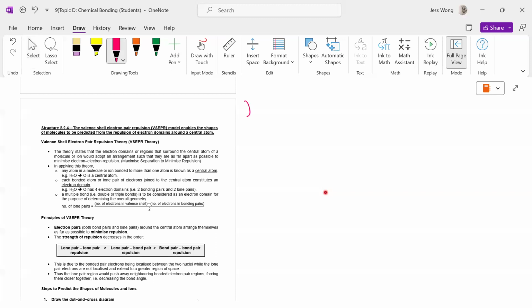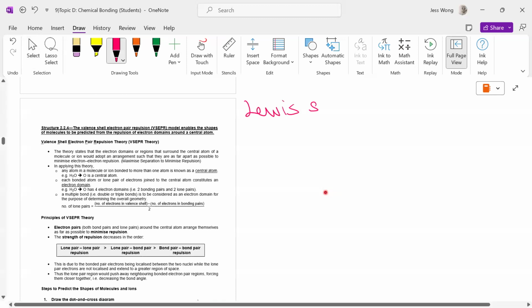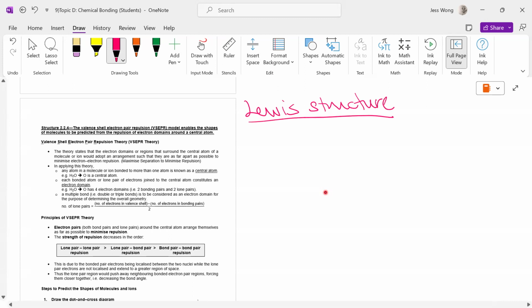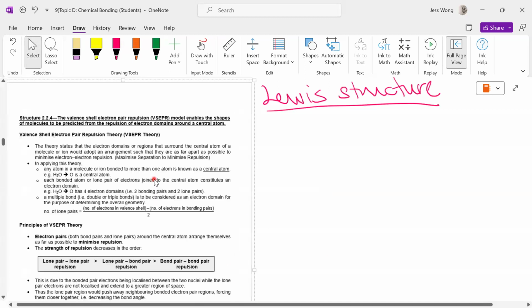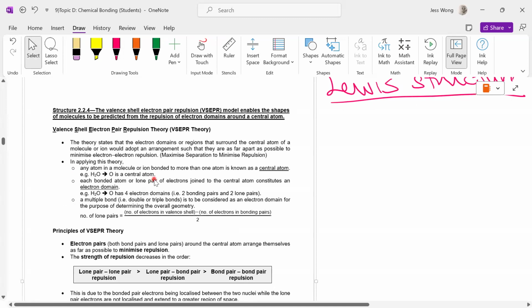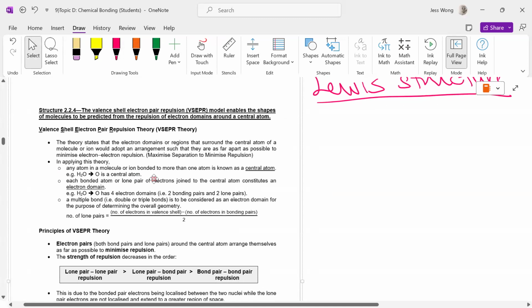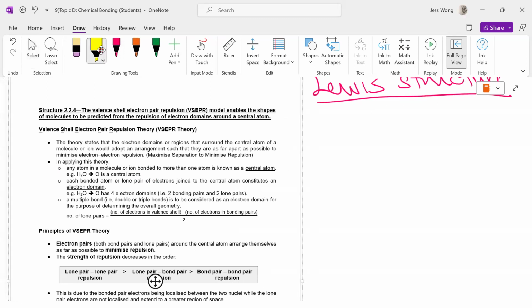After you finish a Lewis structure, most of the time you will apply VSEPR to find out the shape and the angle. So what is VSEPR? It stands for valence shell electron pair repulsion theory. This theory states that the electron regions will arrange themselves in such a way that they will be as far apart as possible to reduce electron repulsion.